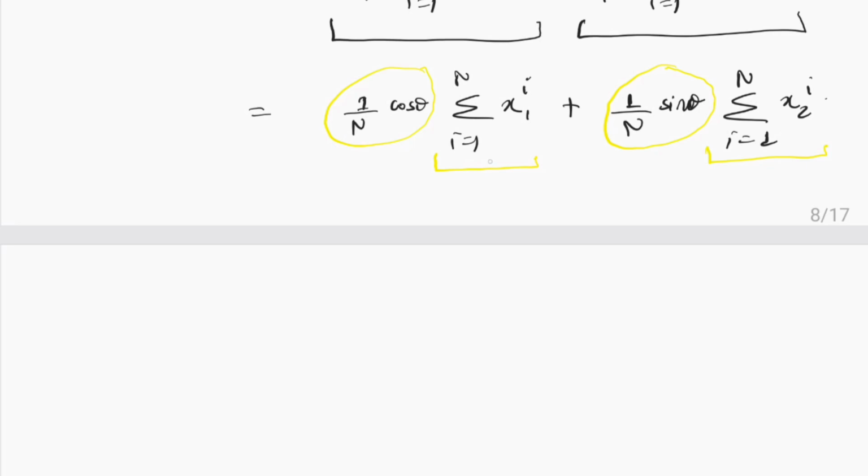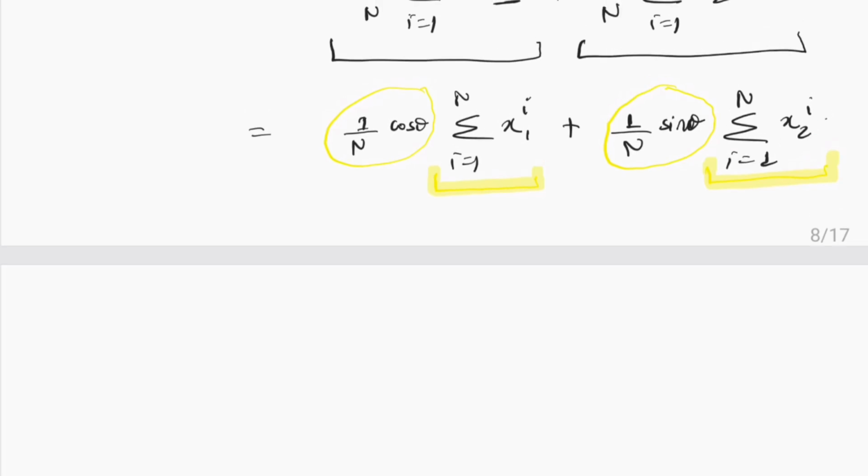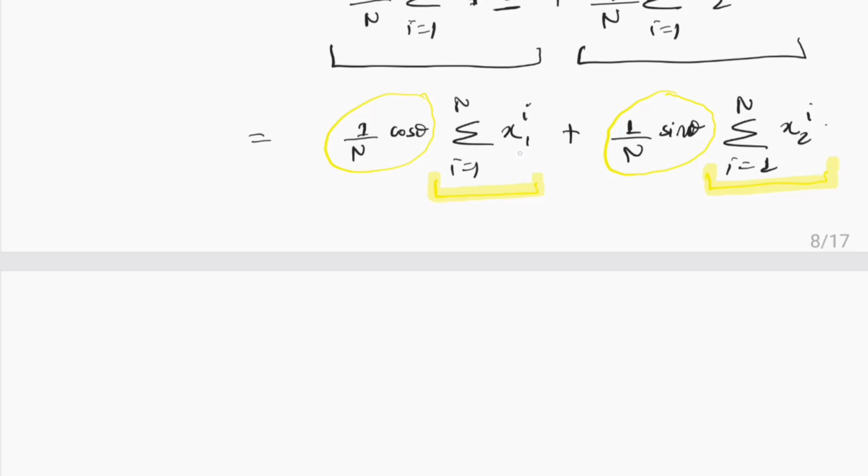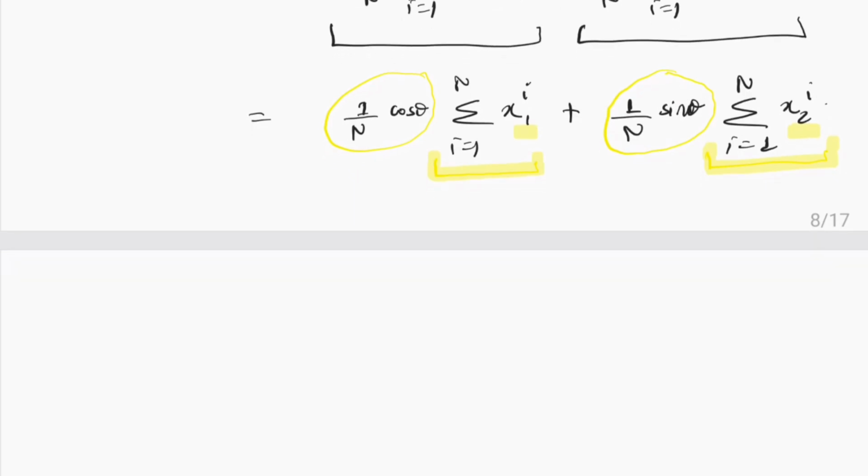So this is now just the summation of x1i's and x2i's. So it is the summation of all the data points in the first coordinate system and second coordinate system. So this is the summation of all the data points in the original coordinate system.